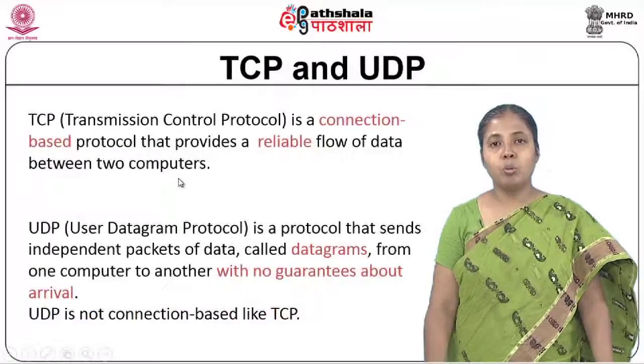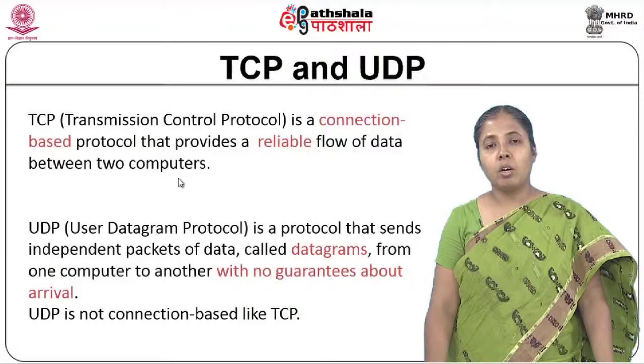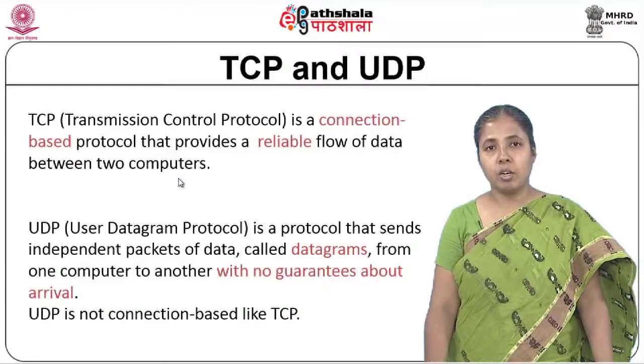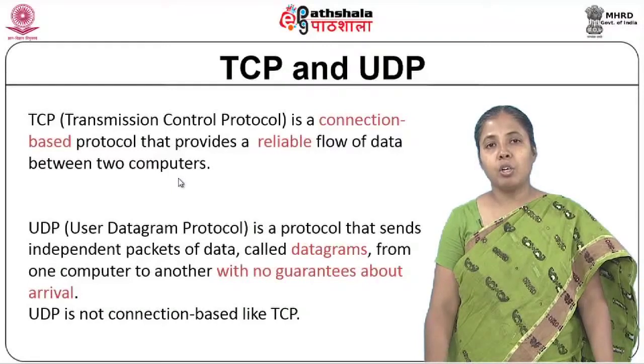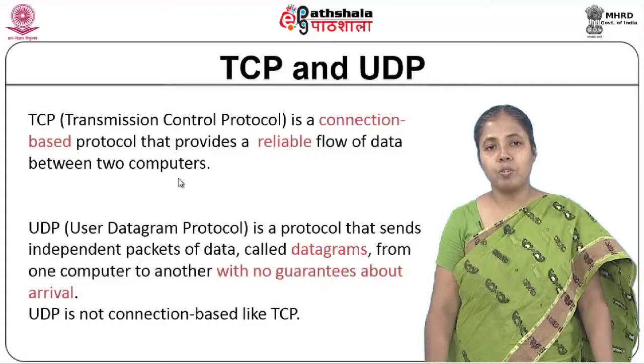There are two transport layer protocols, called TCP and UDP, which make the communication between two endpoints. TCP communication, as we know, is connection oriented, or connection based, and it provides a reliable flow of data between two computers.